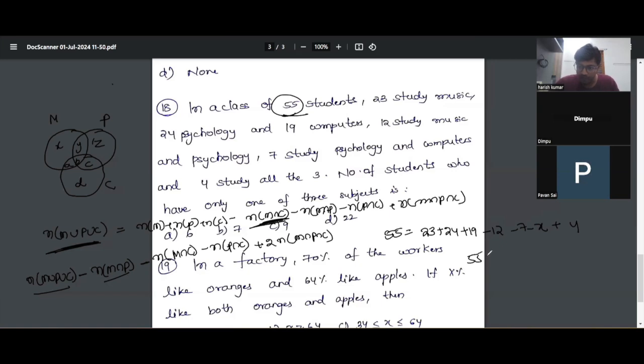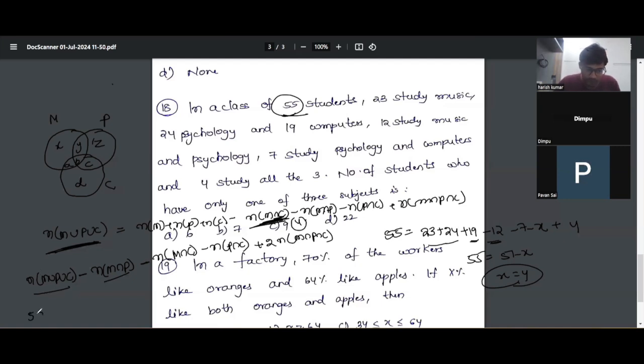So 55 equals 23 plus 24 is 47, plus 19 is 66, minus 12 is 54, minus 7 is 47, plus 4 is 51, minus x. So x equals 4. That means n of M intersection C is 4, right? Now you will substitute in all this and you will get the answer, right?